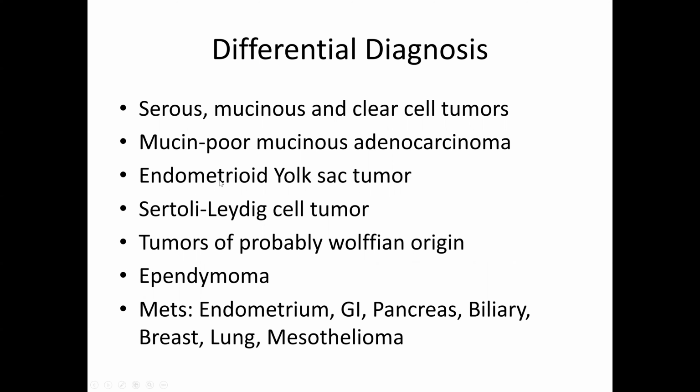Yolk sac tumors can have a sort of endometrioid tumor pattern, Sertoli cell tumors, Sertoli-Leydig tumors, the fatwa, ependymomas, and various metastatic lesions from both the endometrium as well as GI and other sources can occasionally enter into the differential of endometrioid tumors. And since we don't see as many endometrioid tumors as we would say serous tumors or other things, bearing this differential in mind is always useful.